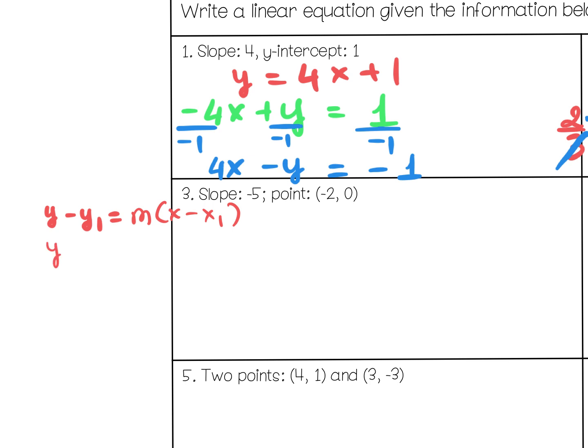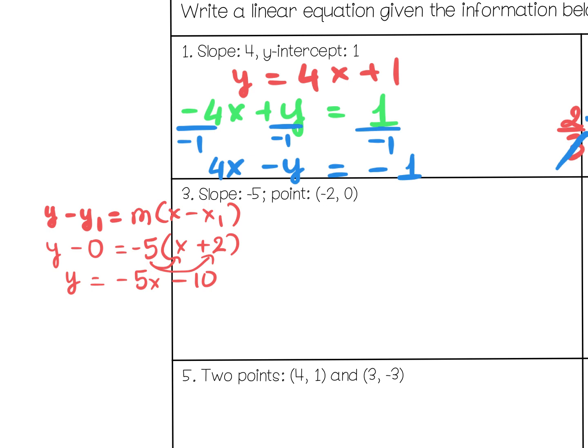So y minus 0 equal to negative 5 multiplied by x, minus negative 2, which will be adding 2. So y equal to negative 5x minus 10. All right, so this is my slope-intercept form.